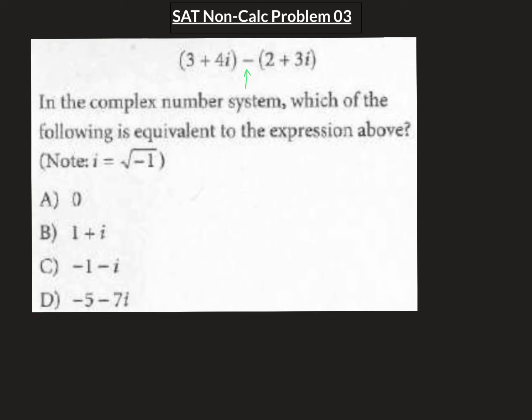One tricky part that a lot of students miss is that this subtraction symbol has to be distributed throughout, so it has to go onto the 2 and the 3i.